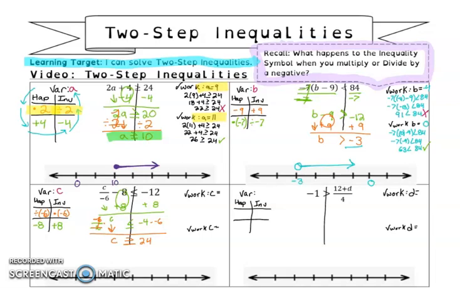So when we have to check our work, we want to make sure we pick a number that we can divide by 6. What's a number that's smaller than 24 that can be divided by 6? Pick an easy one. How about 6?